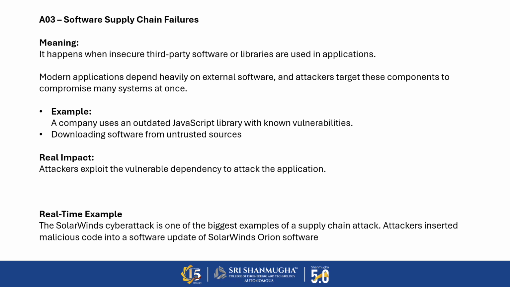The attacker injected into this software and exploited their systems. So we should be very careful in updating our software. Whenever companies provide updates, we need to keep updating our systems to protect from cyber attacks.